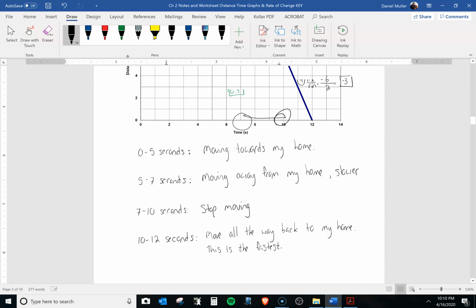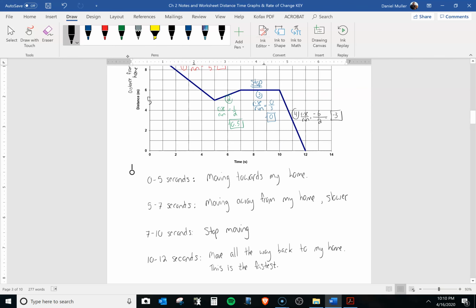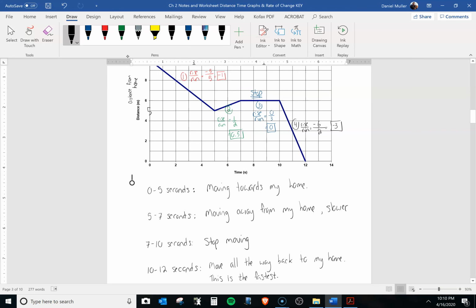So I will zoom that out a little bit here so you can take a look at everything, and you can just pause it, zoom, screenshot it, and then zoom in and out. But on a question, I'm going to be marking you on this. The question would ask for all the different slopes.